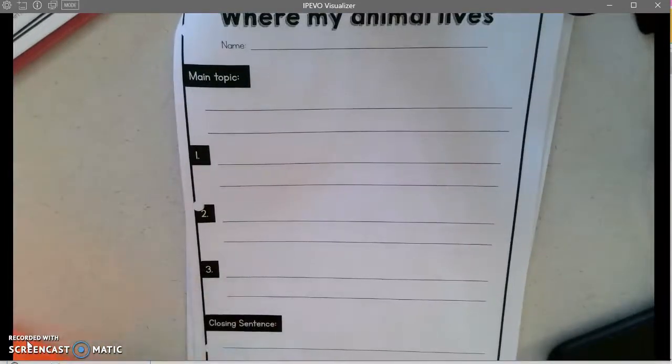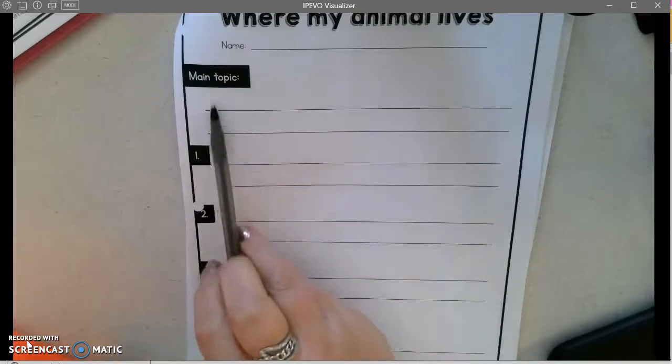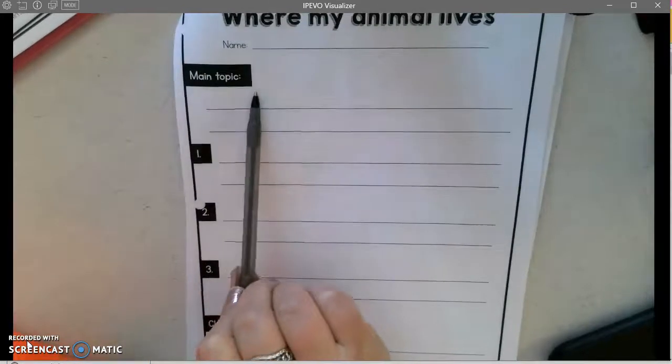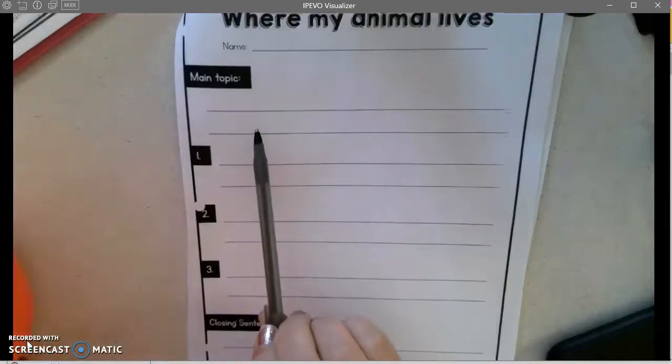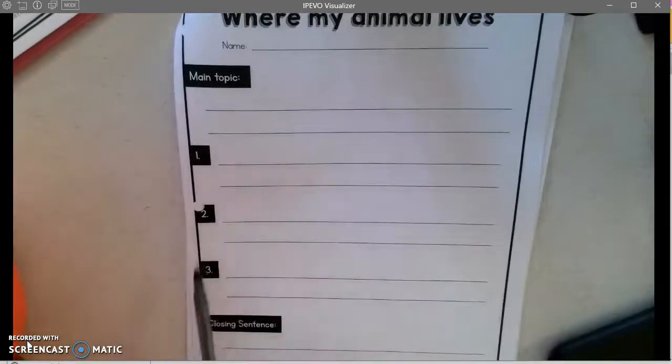Remember when we started writing our how-tos and we started off with our main sentence, or our topic sentence is what we called it, and then we had our steps and then we kind of wrapped it up? That's the same process that we're going to do today with where our animal lives, but I'm going to show you how this is going to look, okay?